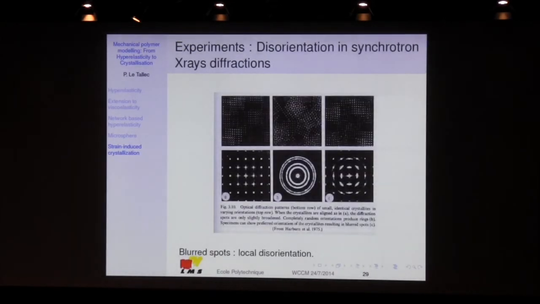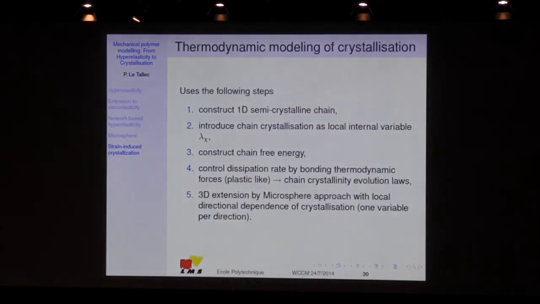Something that you can also observe in diffraction is that the crystallites are not perfectly aligned. On the diffraction, you can see a certain dispersion of the crystallization alignment at maximal load. That's also something that we would like at least to explain. So, based on this ambition, we have simply followed the microsphere approach.